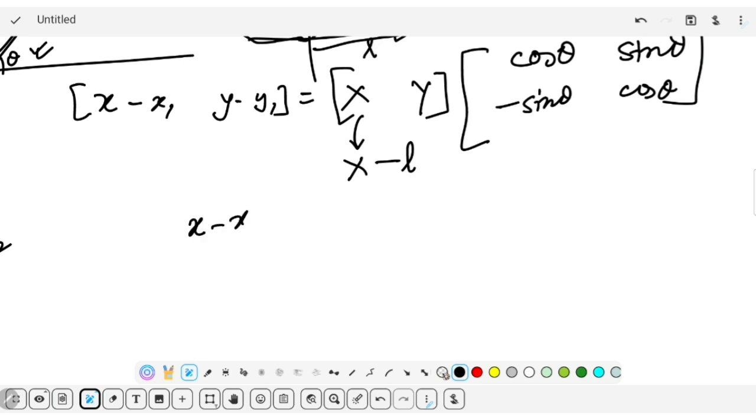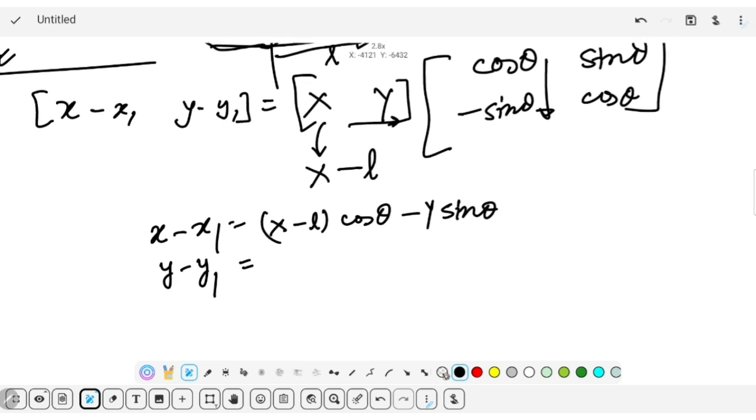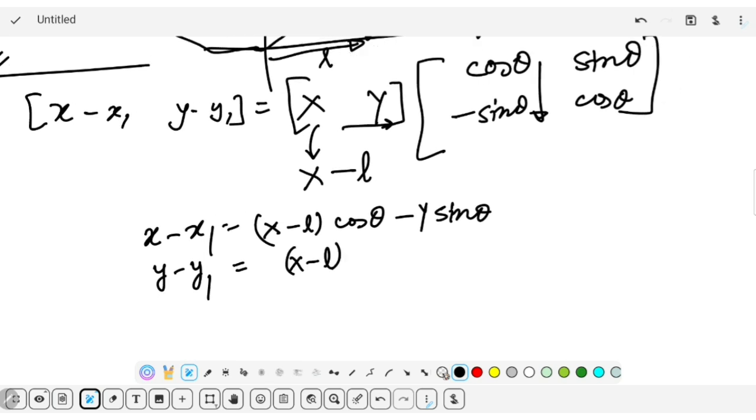x minus x1 is equal to, if I multiply this matrix, (x minus L) cos theta minus y sin theta, and y minus y1 equals (x minus L) sin theta plus y cos theta.